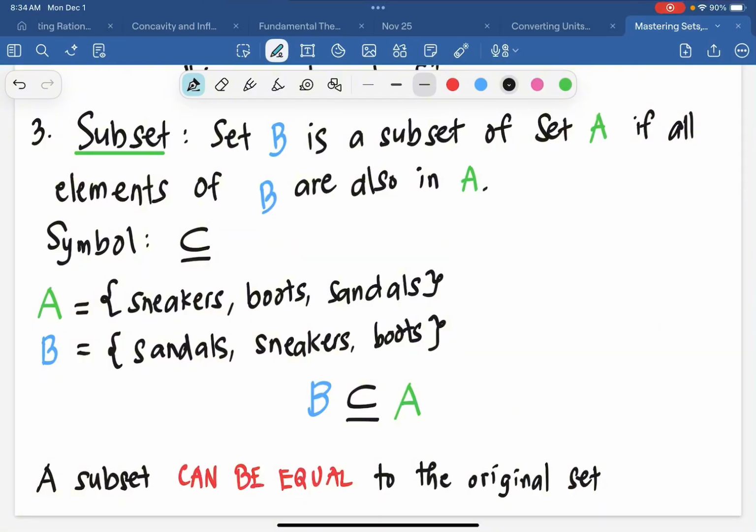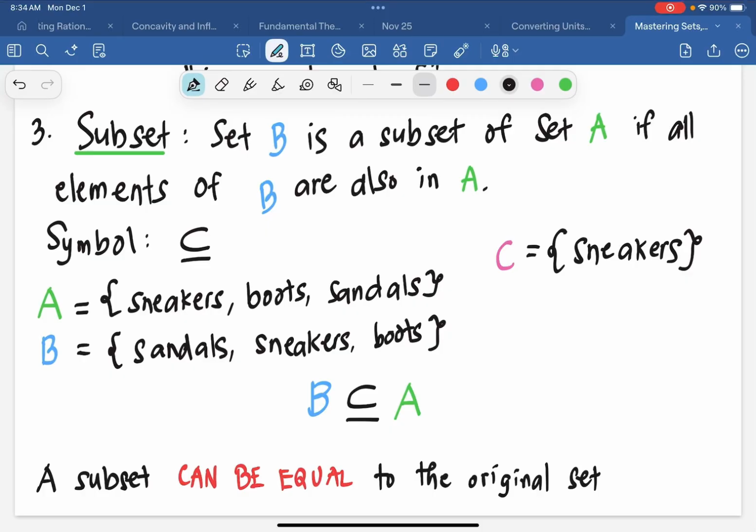Before I tell you something about greater than, less than, and equal, let's have another example in which it's not equal to the original set. Let's have set C. In set C, I just have one, sneakers, perhaps.